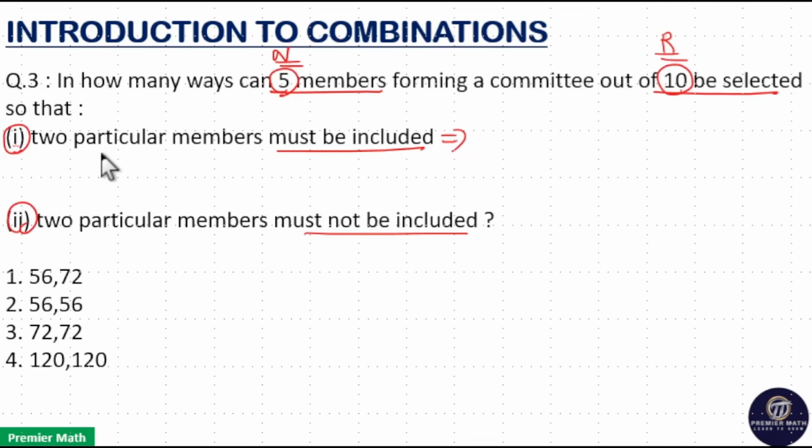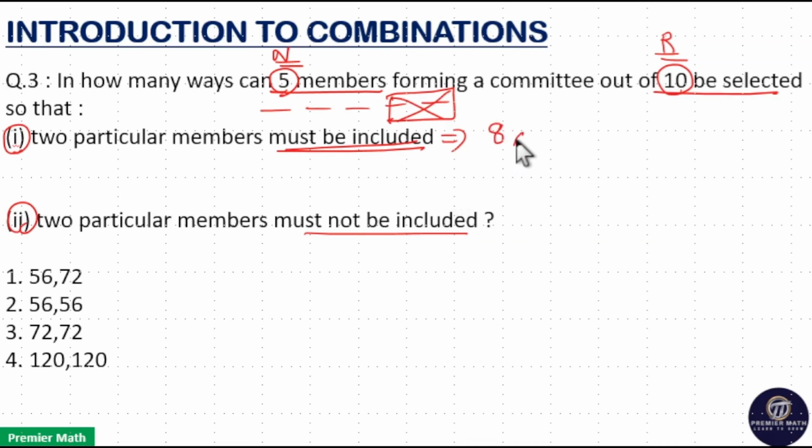And with these 2 conditions, these 2 data will change. That is, with the first condition, 2 particular members must be included, which means out of these 5 positions, 2 seats are already filled. That is, 2 people are selected. 2 seats are reserved. Now we have to select the remaining 3 people out of the remaining people. When 2 people are selected, the remaining is 10 minus 2, 8 people available.